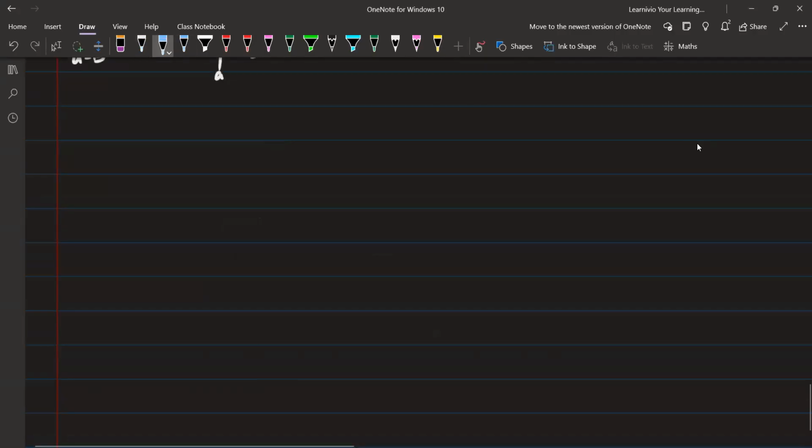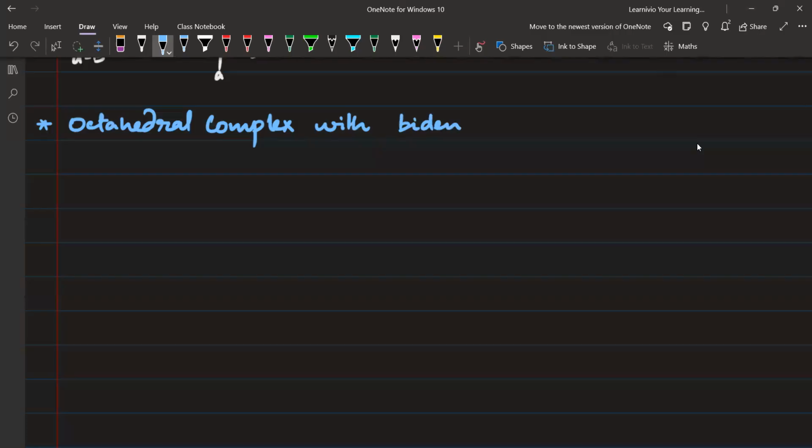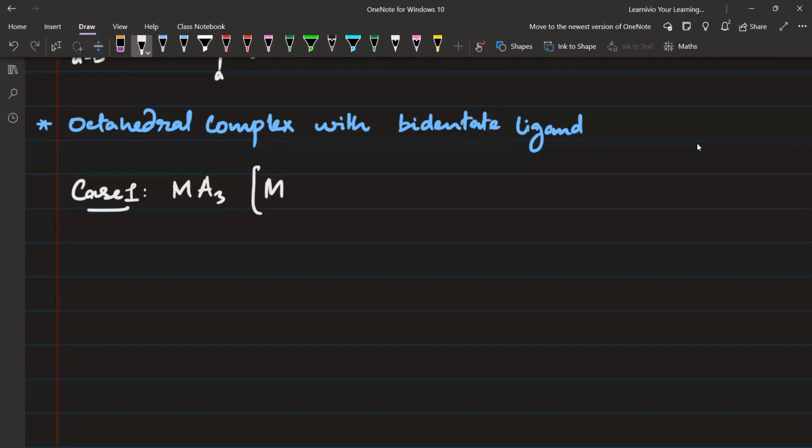सवाल यहीं से कहीं से आएगा, trans और cis, fac और mer, and then octahedral complex with bidentate ligand. इसमें केस A जो आपको पढ़ना है, केस नंबर 1, it is MA3. मतलब there are 3 bidentate ligands। इसमें generally आपके पास केस आएगा metal which is having en thrice, या फिर metal which is having oxalate thrice। Ethylene diamine and oxalate, both of these are bidentate ligands.